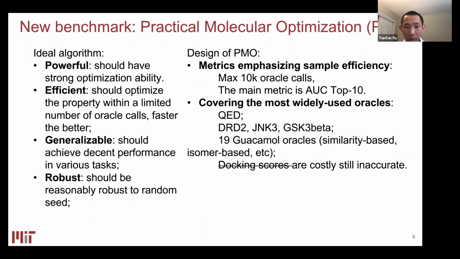We also include 19 GuacaMol oracles, including similarity-based, isomer-based, and so on. Docking score is also an appropriate oracle in our experiment, but it's usually time-consuming to evaluate and still inaccurate, so it's not incorporated in the current version.